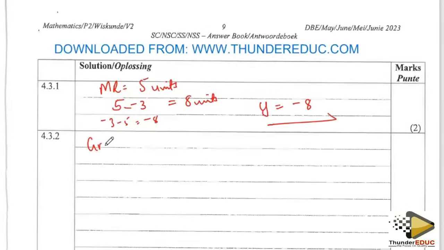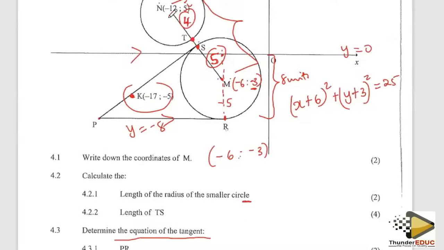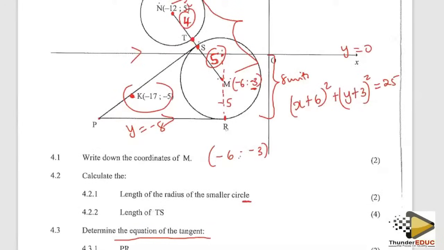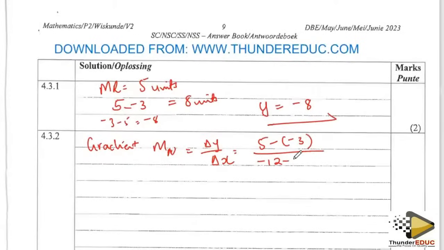So the gradient of MN is going to be change in y over change in x. Then I'm gonna have 5 minus 3 over negative 12 minus 6.